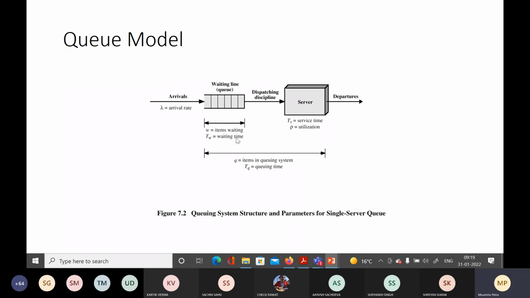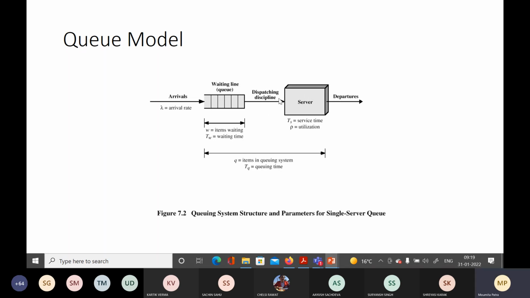Once the job is at the head of the queue and gets the chance to be dispatched, it gets dispatched. Dispatching discipline means the scheduling discipline. Let us assume it is FCFS for now. It can be any other discipline also, such as some kind of priority based discipline.